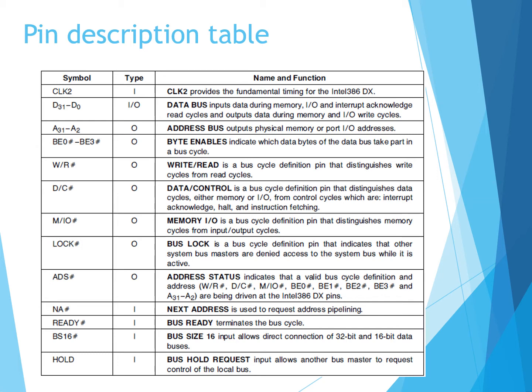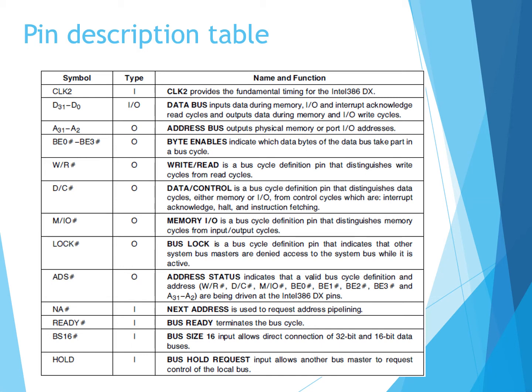Next signal is D/C bar, that is data or control. It distinguishes data cycles, either memory or IO, from the control cycles, which are interrupt acknowledge, halt and instruction fetch. If D/C bar is equal to 1, then a data cycle is in progress, and if D/C bar is 0, then a control cycle is in progress.